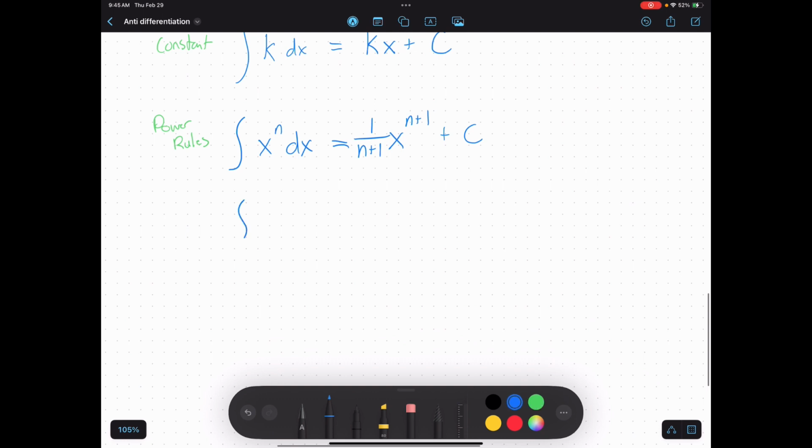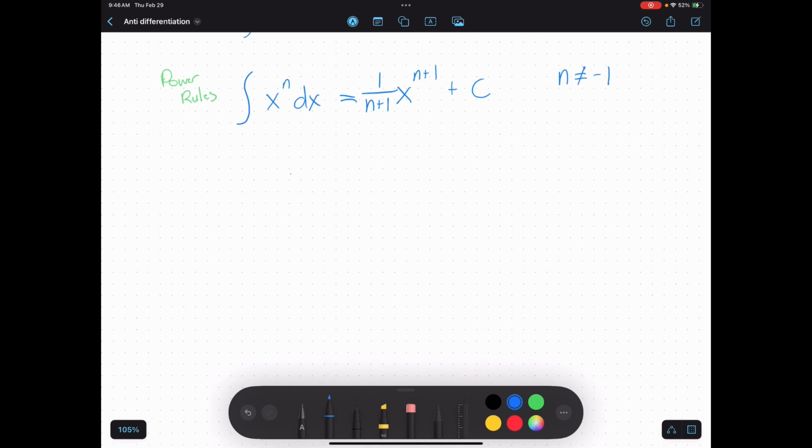Next, what about something in this form? Oh, wait. I almost forgot. This rule works for all n values except for n equals 1. Sorry, n equals -1. It works for all n values except for n equals -1. Why is that? Well, let's look at that very specific case right now. What about 1 over x? You might be thinking how that relates to n equals -1.